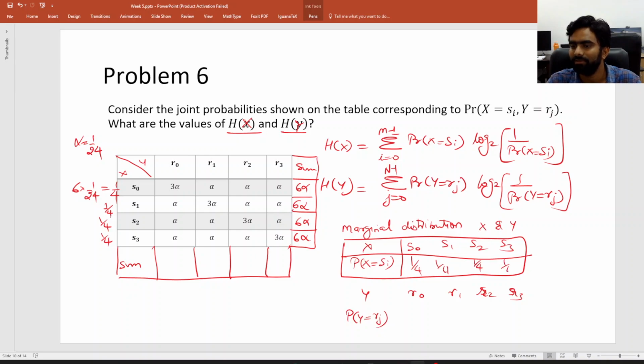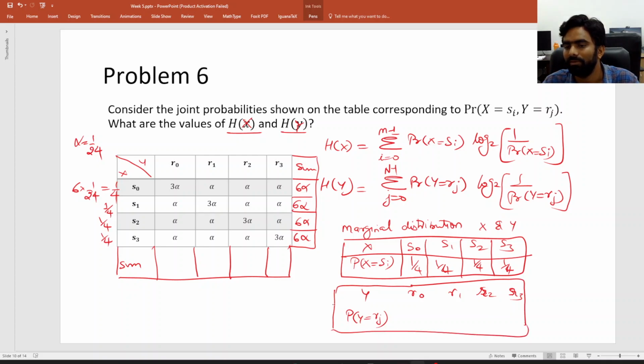I am just writing this; you can also directly solve, but making the table would be beneficial if the probabilities are different. Here the probabilities are the same, so no need for this step. But if the probabilities are different, it will be helpful to write the marginal distribution properly in a table.